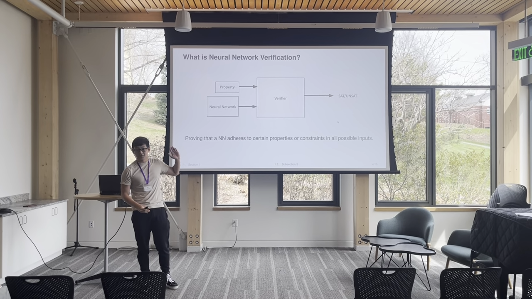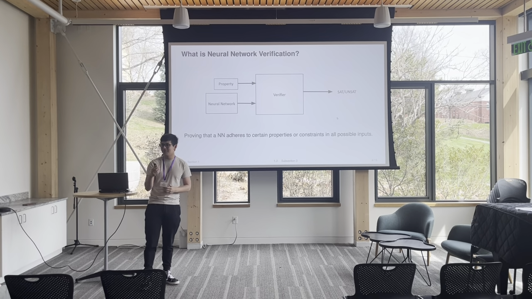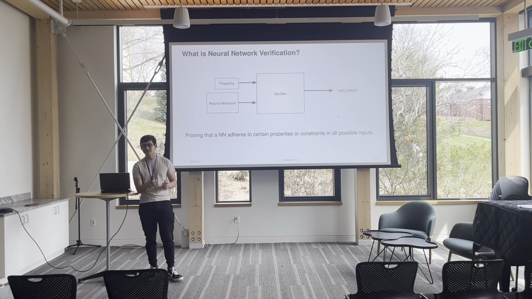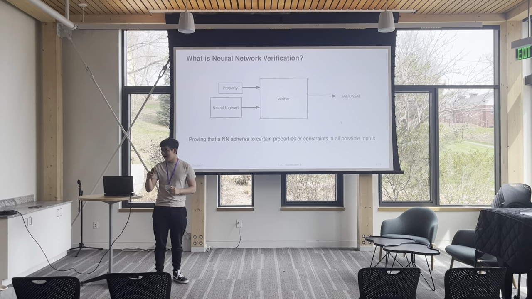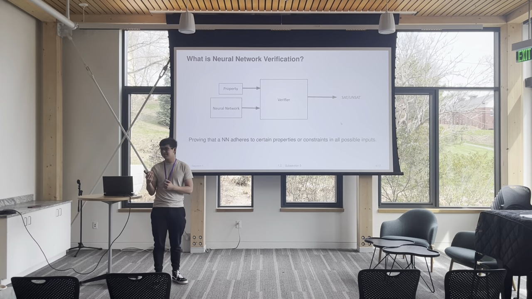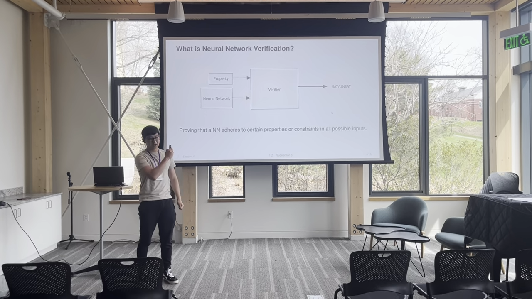How do I prove that it will never reach that output? Another, more common one, would be a robustness property, which says if we add adversarial noise to the input, we don't want the output to change, or in a continuous case, the output to change a significant amount.